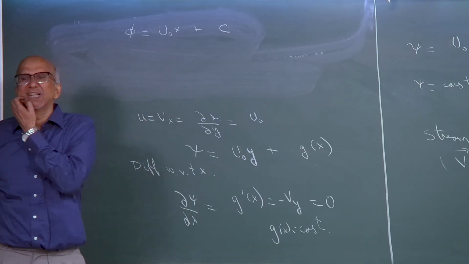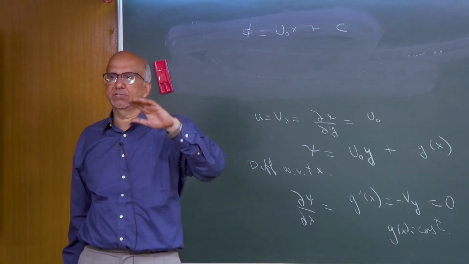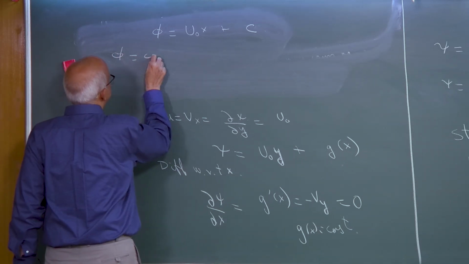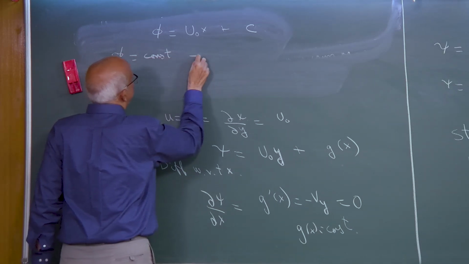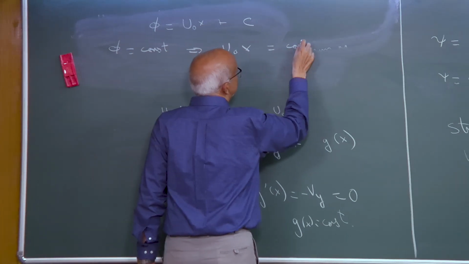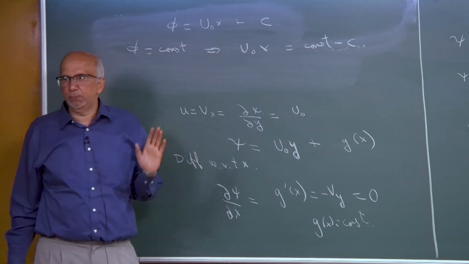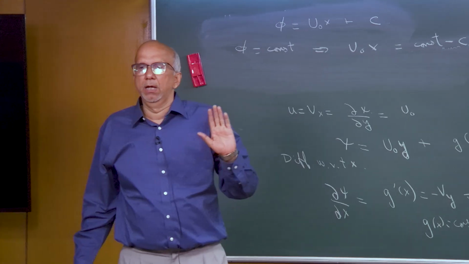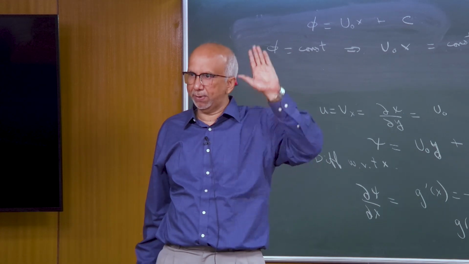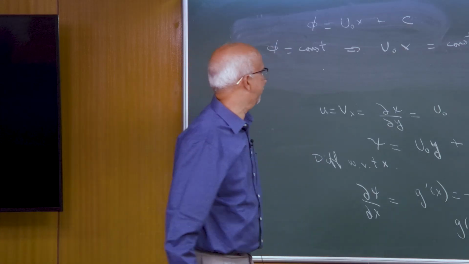Okay. Now, what are the lines along which, what are the surfaces, the lines along which phi is constant? So, if I put phi equal to constant, this implies u naught x equals this constant minus c. Okay. So, the potential lines are going to have x as constant, which means they are lines that are parallel to the y axis, because x is constant along the isopotential surfaces.